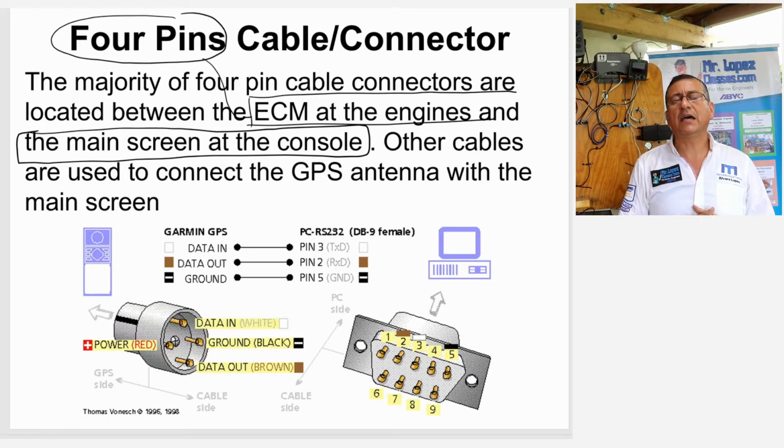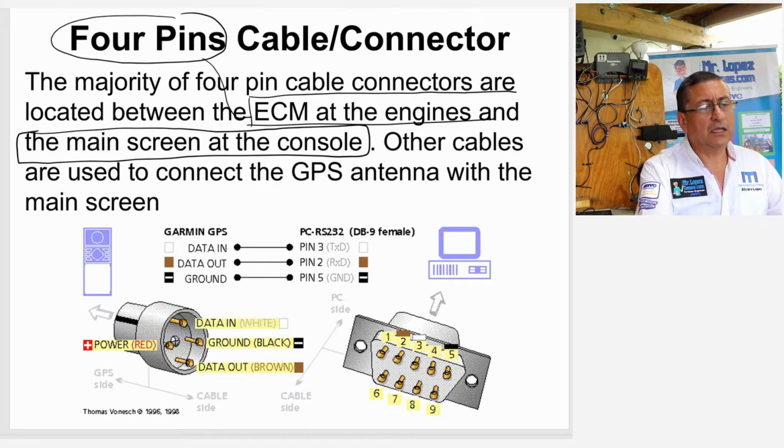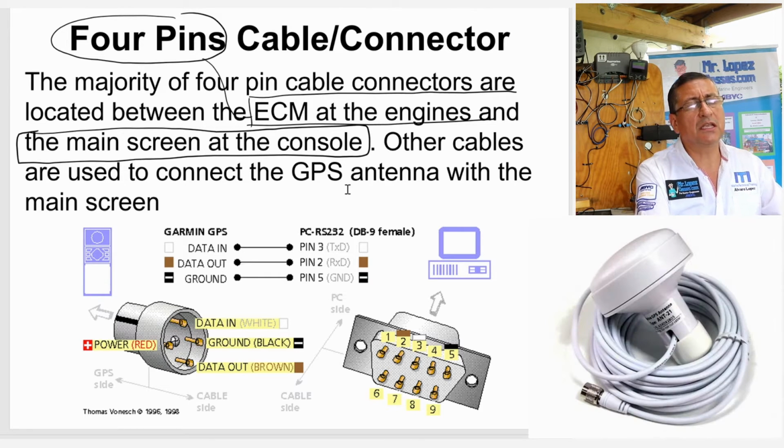Okay, the flow of data is through the cables blue and white, and the flow of power, 12 volts or 24 volts, is through the red and the black one, or red and yellow one in some cases. Okay, those 4-pin connectors are exclusive for computers, and some GPS antennas use 4 terminal cables.